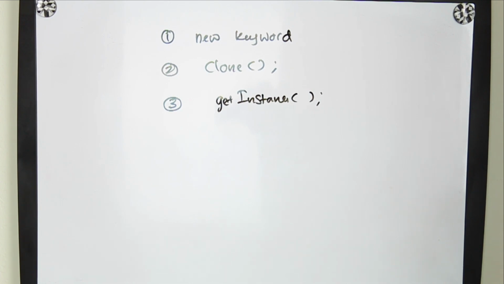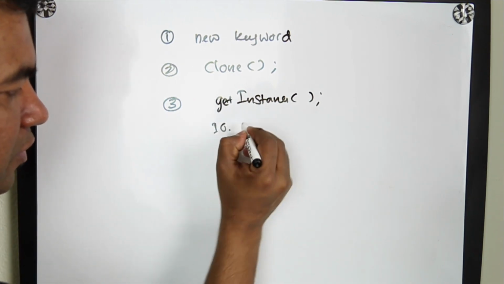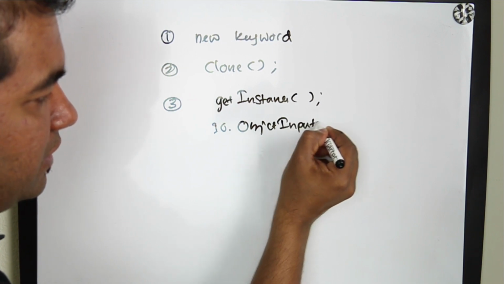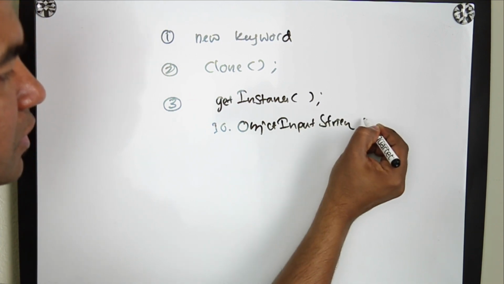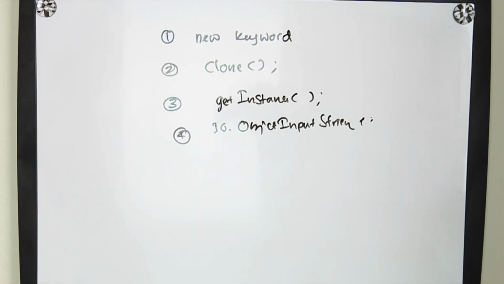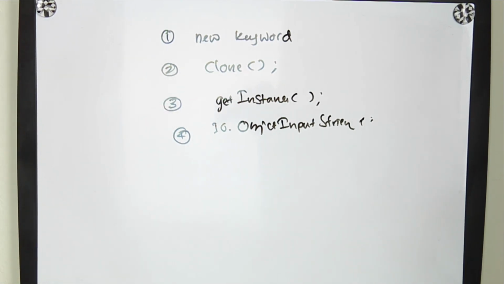And the fourth way, you have java.io.ObjectInputStream. With this class you can call a get object method, and there you can also create a new object. So with all these 4 ways you can create a new instance in Java.